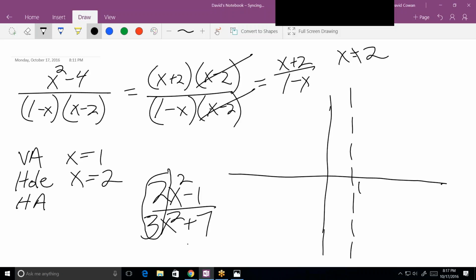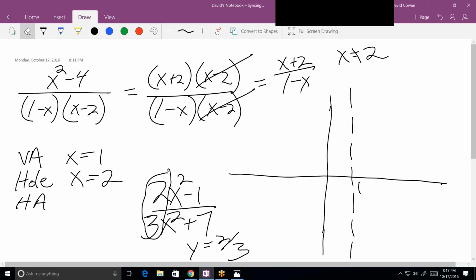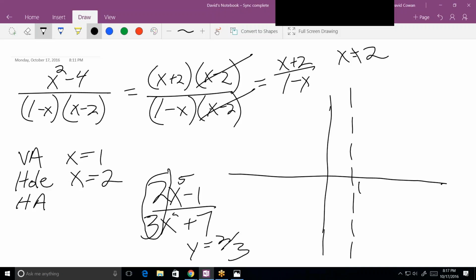In other words, y equals 2/3. That's situation number 2, the ratio of the coefficients. And it wouldn't matter if that was x to the 5th and this was x to the 5th. If they are the same, and it's the highest one, then the horizontal asymptote is the ratio of the coefficients.